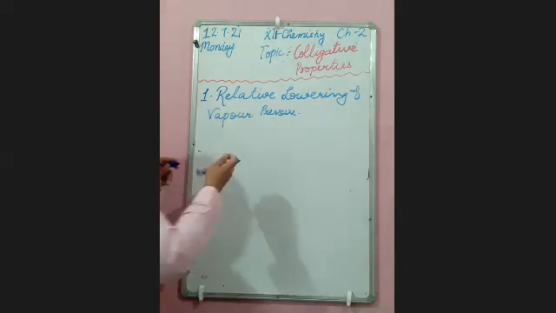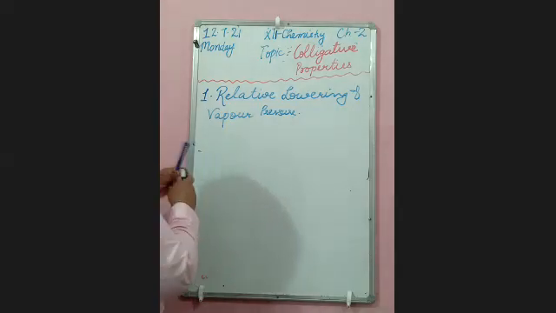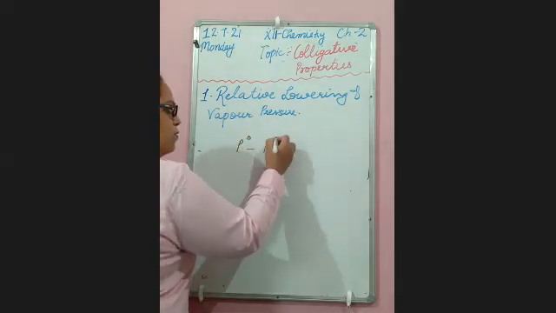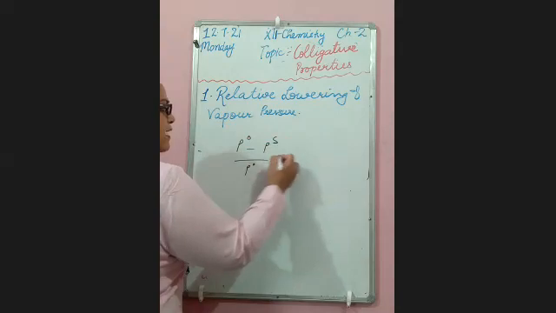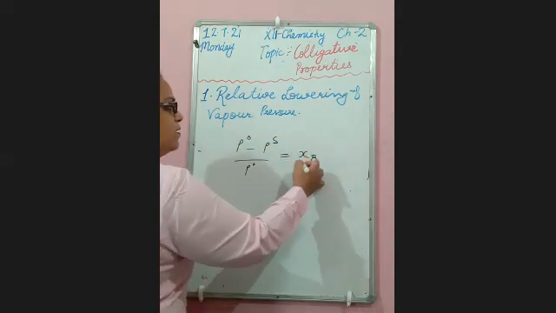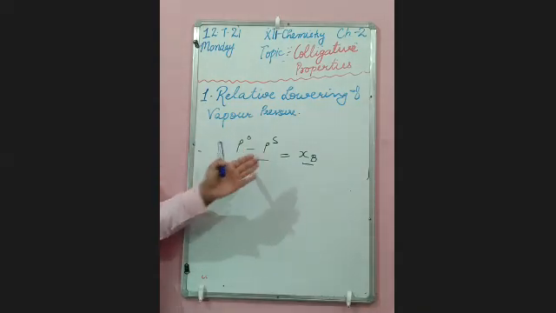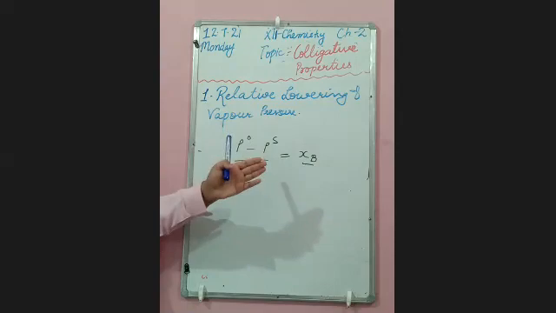We have already discussed in the last lecture that (P0 - P)/P0 is equal to XB. So, this is your relative lowering of vapor pressure.